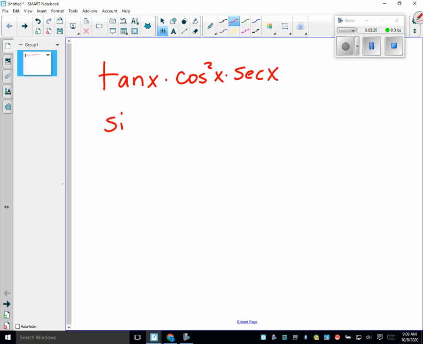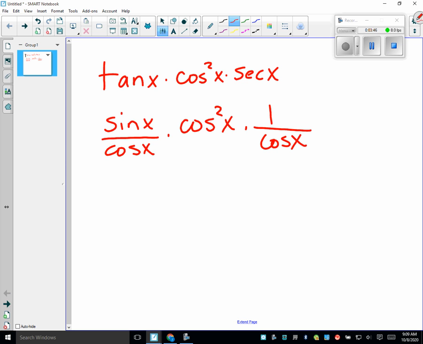So I have sine x over cosine of x times cosine squared x, which is already there, so I'm going to leave it alone. What is secant? 1 over cosine.